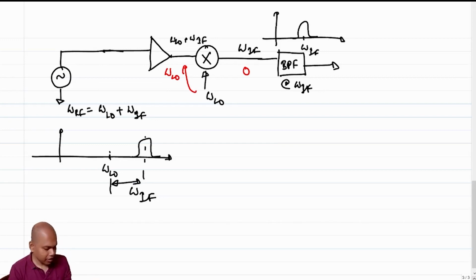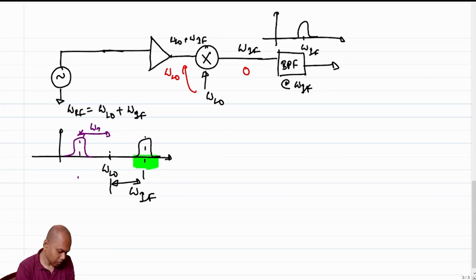Okay, but now there is an issue with this particular architecture. The issue is as follows. Now note that we have nicely chosen the input to be around omega LO plus omega IF. If we had instead chosen the input to be around omega LO, maybe some different color, around omega LO minus omega IF, what would have been the case?